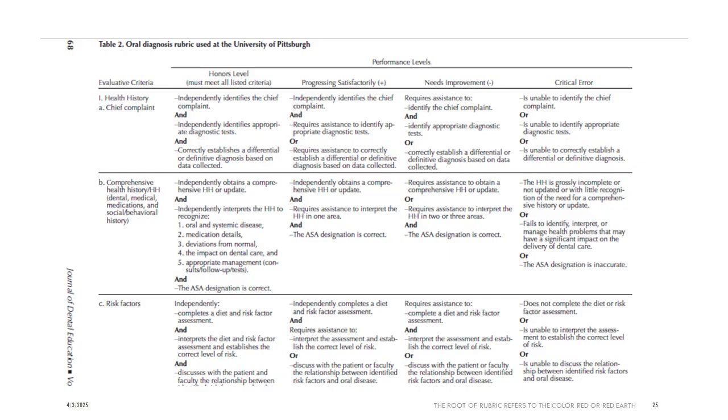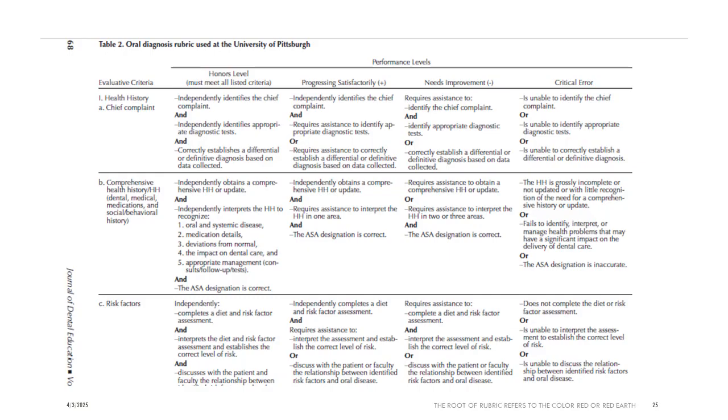Honors level must meet all the listed criteria. Progressing satisfactorily means independently identifies the chief complaint, and then needs improvement, requires assistance to identify the chief complaint and identify the appropriate diagnosis and correctly establish a differential or definitive diagnosis based on data collected.